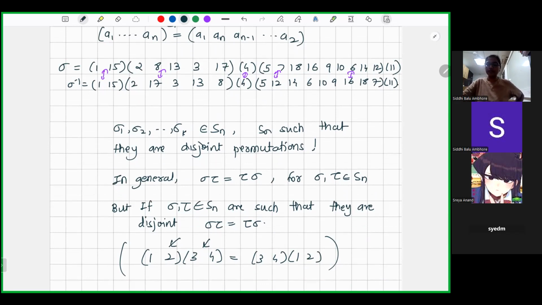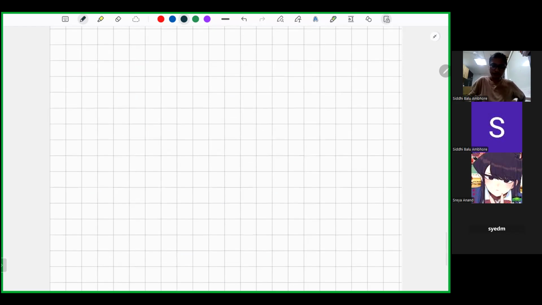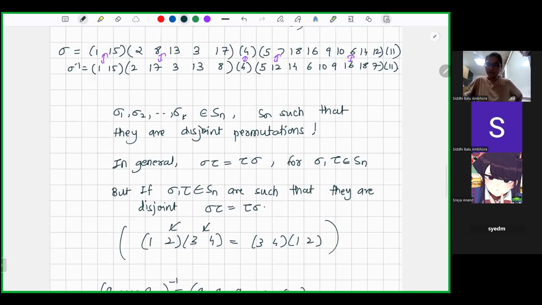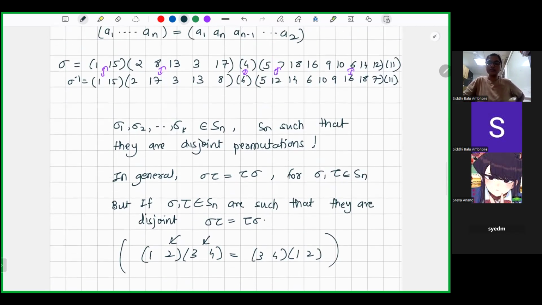This is my sigma. 16 is going to 9, and this is my first cycle. We are taking sigma in S18 as above, and if I take k to be 16, then 16 is going to 9.